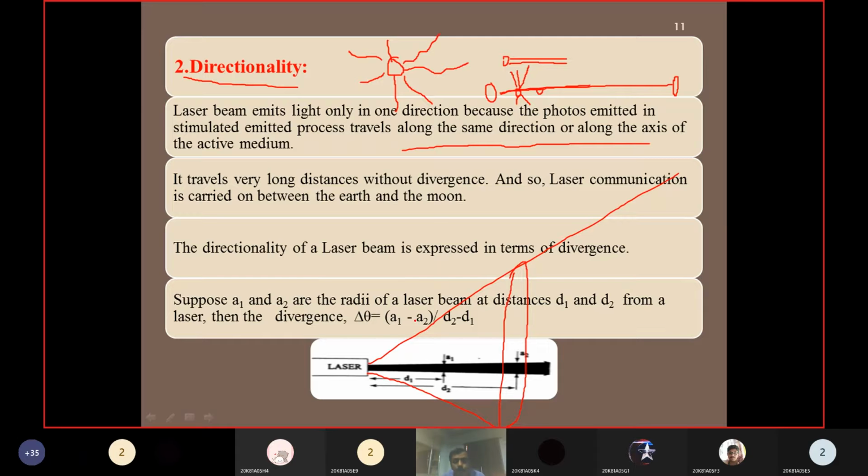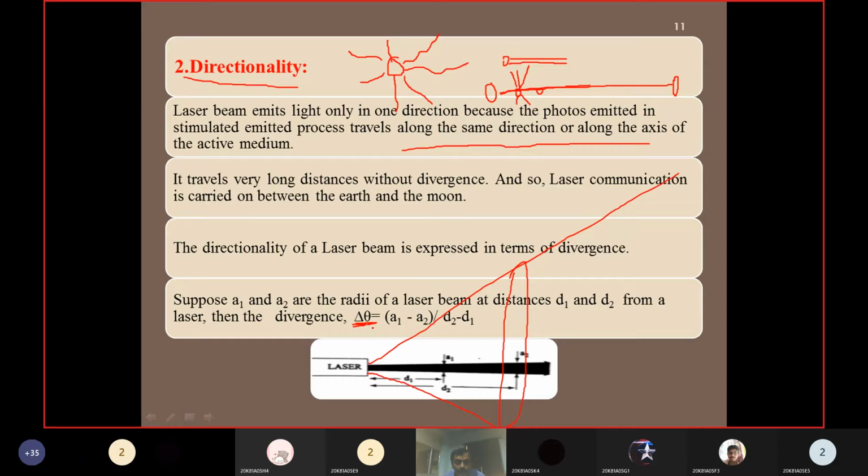How can we measure this? Here, del theta. Suppose a1 and a2 are the radii of the laser beam at distances d1 and d2 from the laser. The divergence angle tells how much the laser will diverge.